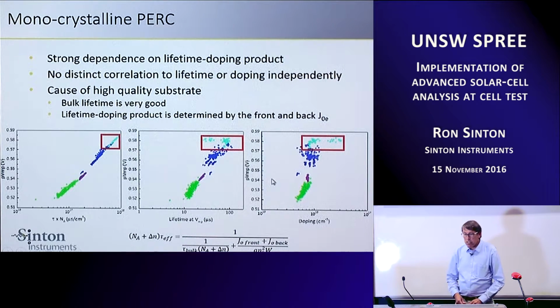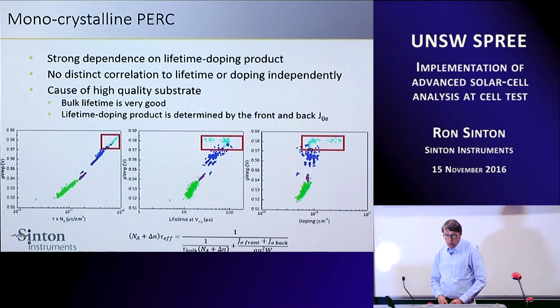And so the most interesting case, I think, that's very illustrative is these high-performance PERC cells. And what's interesting here is that you have a subset that has a fixed pseudo-VMP, almost independent of lifetime and doping. But you notice the symmetry here, that the higher doped wafers have the lowest lifetime.